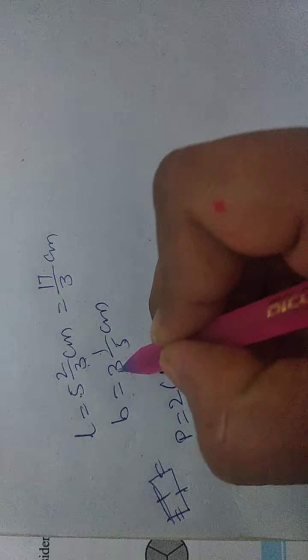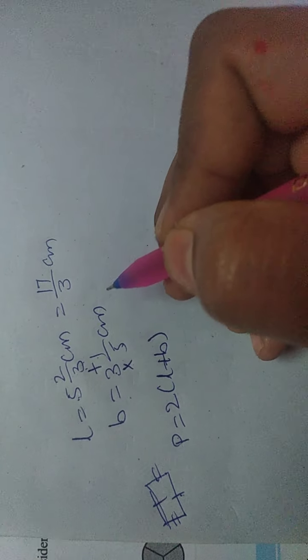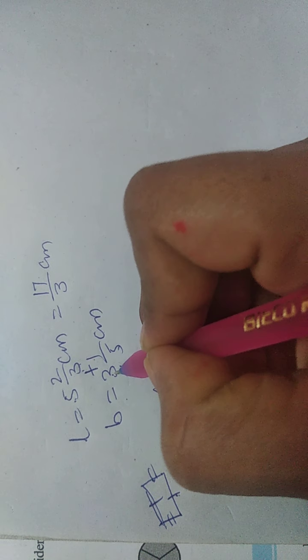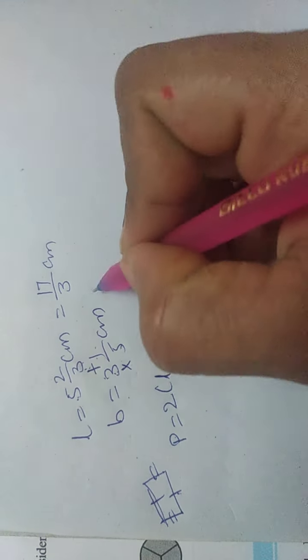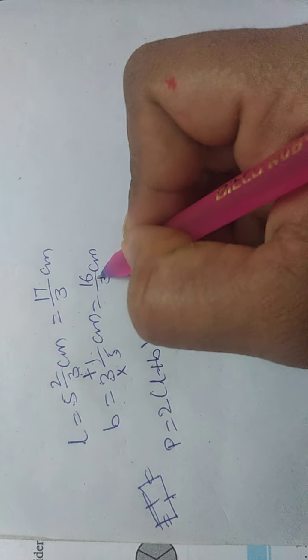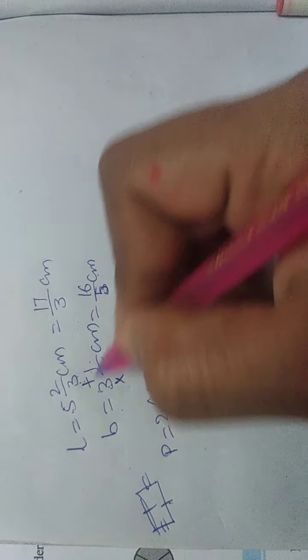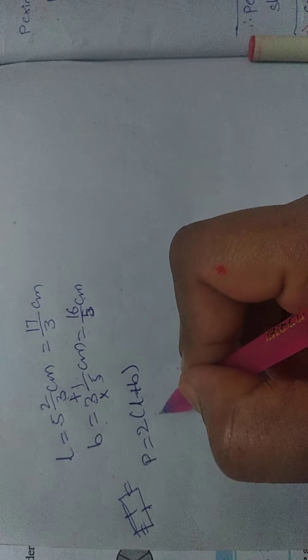And here, 5 3s are 15. Here you should multiply and here you should add. So 5 3s are 15, 15 plus 1 is equal to 16. 16 by 5, sorry, denominator 5. 16 by 5 centimeters. Afterwards, substitute these L and B values in the formula and solve it.